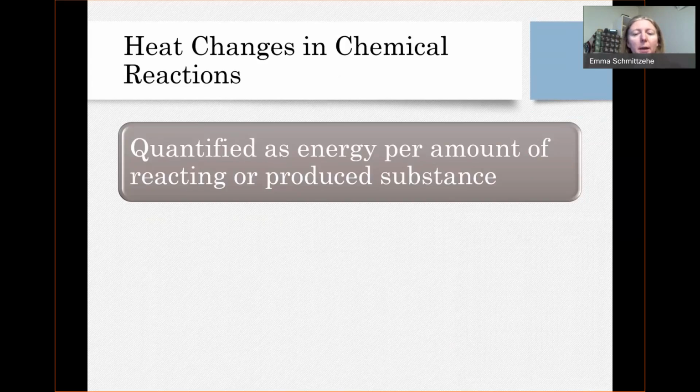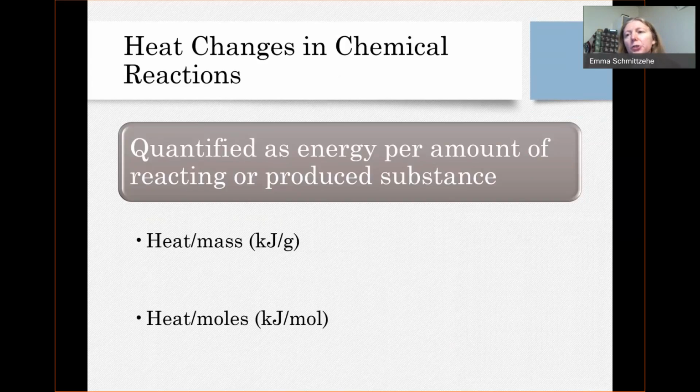But it's always going to be some energy per amount that's given. That energy per amount could be per mass, or it could be per mole, okay? So those values will typically have units like kilojoules per gram or kilojoules per mole. So then you can apply that to your particular scenario.